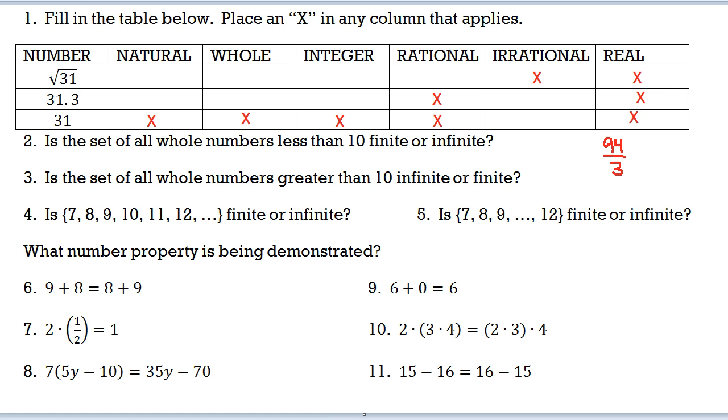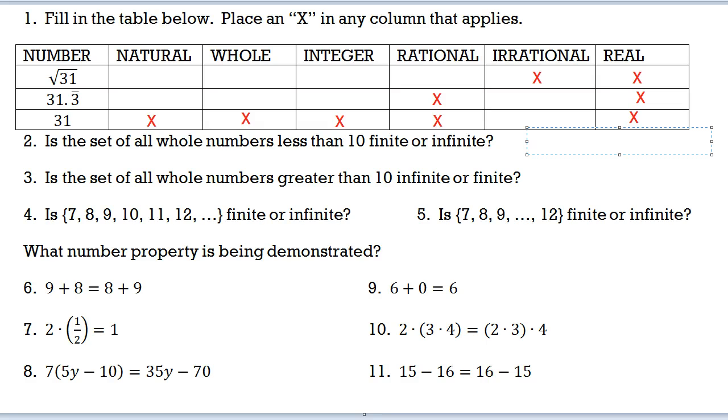All right, let's move on to this finite and infinite stuff here. Is the set of all whole numbers less than 10 finite or infinite? So the question is, would you stop or would you go on forever if you had to name them? So let's take a look at the whole numbers less than 10. Let's see, we've got 9, 8, 7, 6, 5, 4, 3, 2, 1, 0. Hey, guess what?